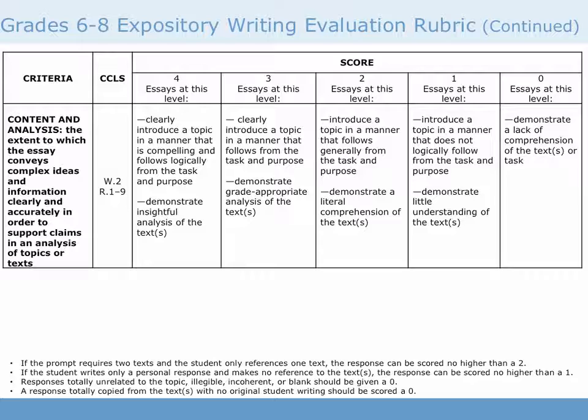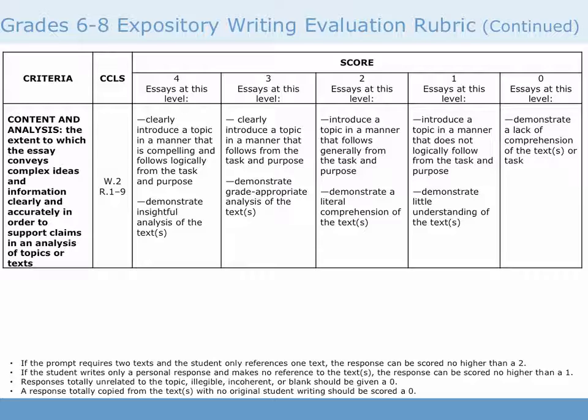The first criterion is content and analysis, the extent to which the essay conveys complex ideas and information clearly and accurately in order to support claims in an analysis of topics or texts. This is used to assess Writing Standard 2 or Reading Standards 1 through 9. Let's look at the first bullet in Level 4.